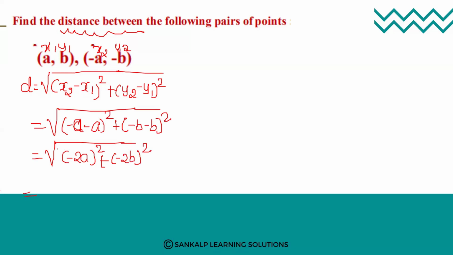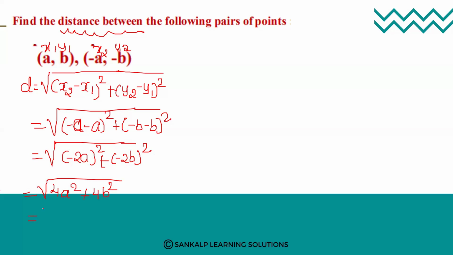Now, 2a whole square and 2b whole square. So, 2a whole square, 2 square is 4a square plus minus 2b whole square. Minus 2 whole square is 4, b square is b square.